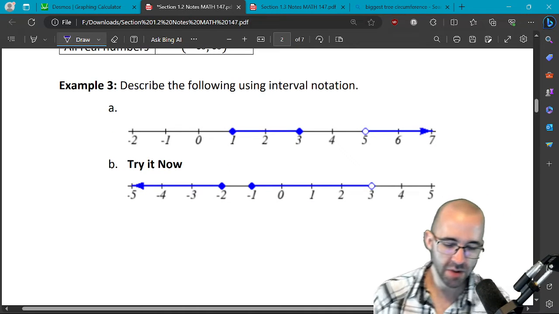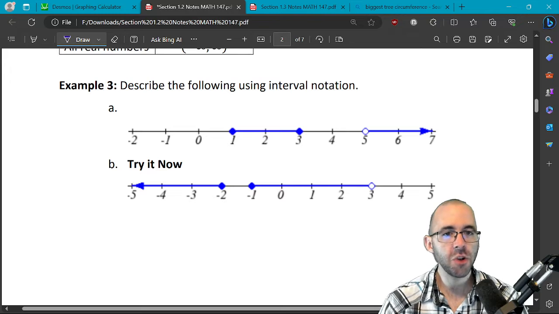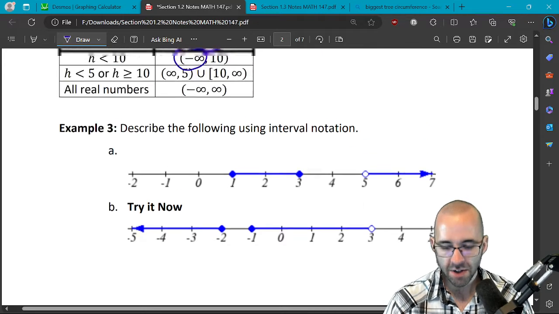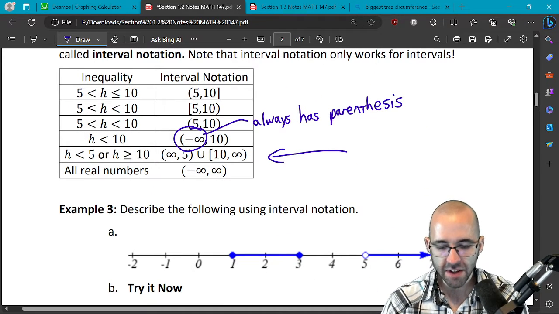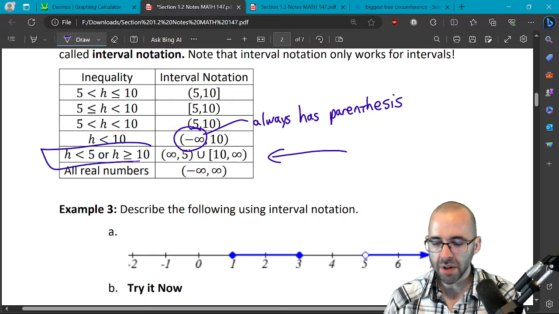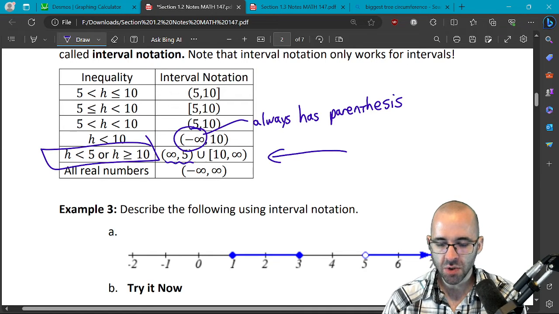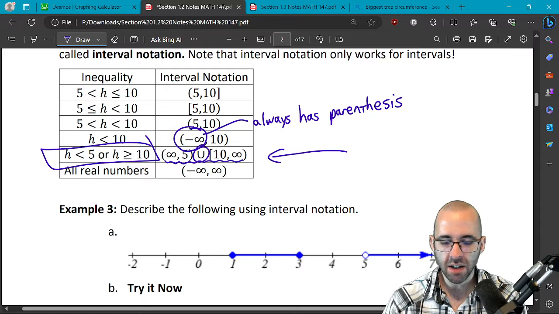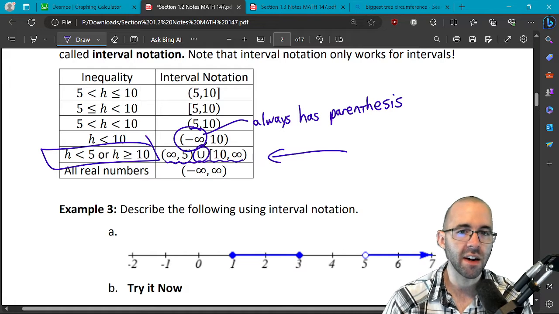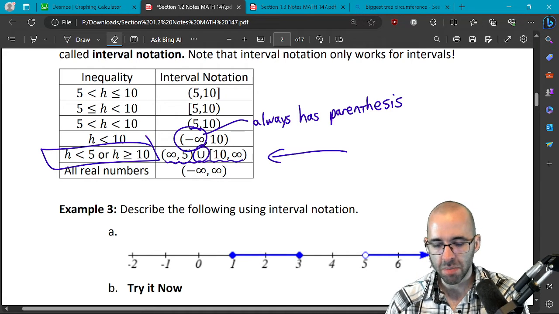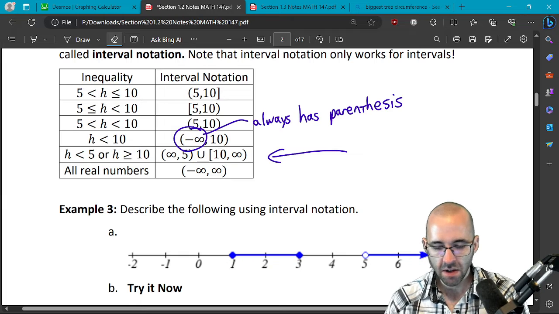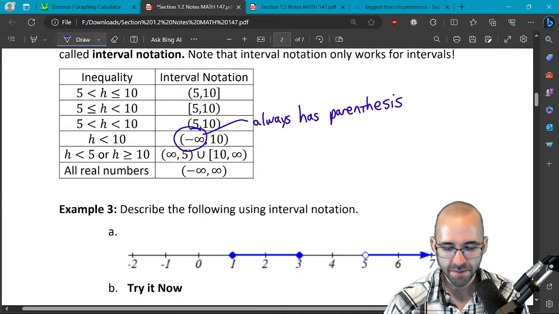Describe with interval notation. So there's two intervals. And just like we have in this example, if we have two intervals, just do each one in interval notation and connect them with a union sign, which kind of looks like just a big U. All right, so let's do that here.